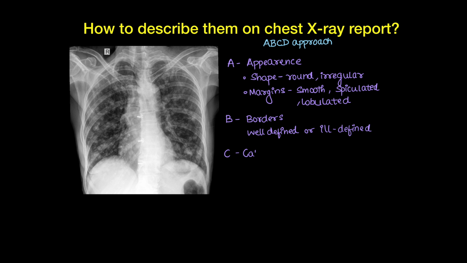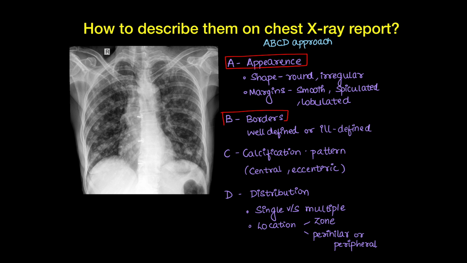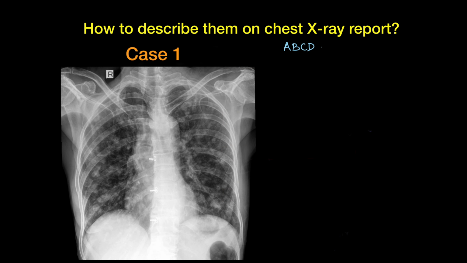For C, look for calcification and the pattern of calcification, like central, eccentric or amorphous. For D, distribution of nodules, you have to see whether there are single or multiple nodules and where they are located predominantly, in which zone, whether central or peripheral. That will help us come to a differential diagnosis because each disease has a different pattern of nodules.